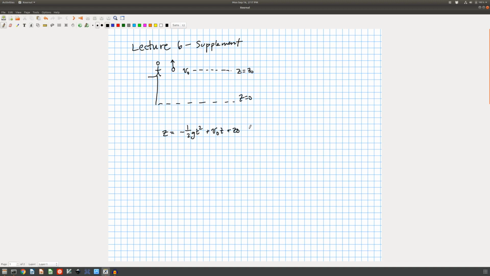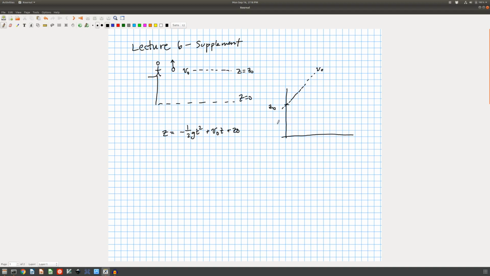If I made a plot of that as a function of time, I could come over here and make some axes. Sorry about that, let me be a little more careful. Okay, there's z0 right there, and I have some initial slope, which is the slope of v0.